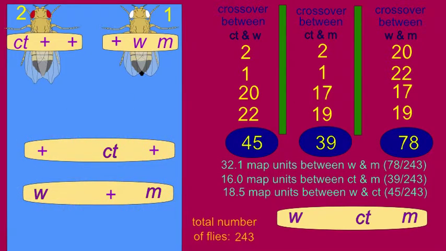So the two flies which are cut actually represent 4 crossover events, and the one fly which is white miniature actually represents 2 crossover events.